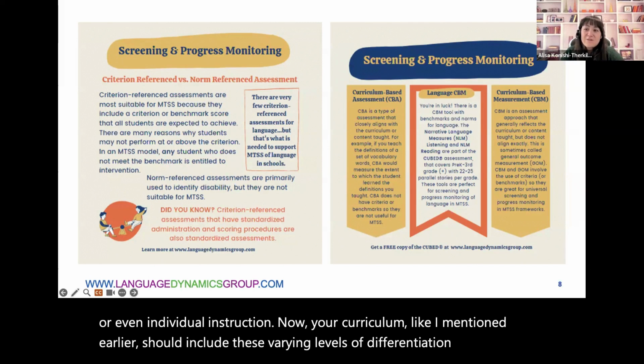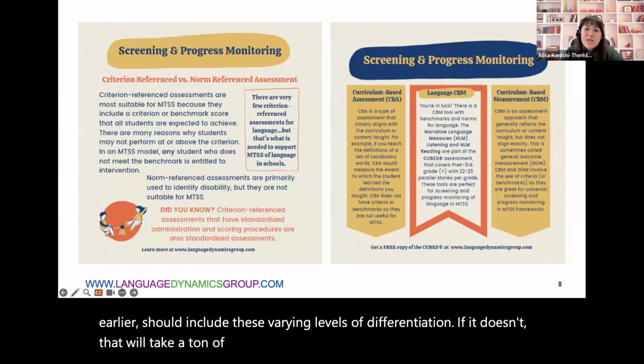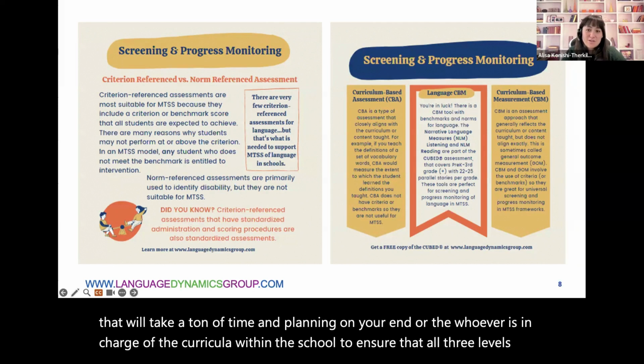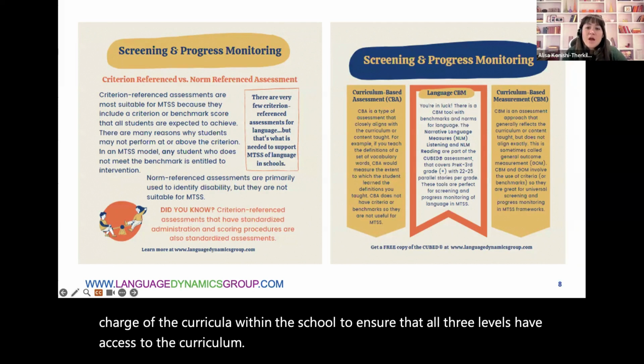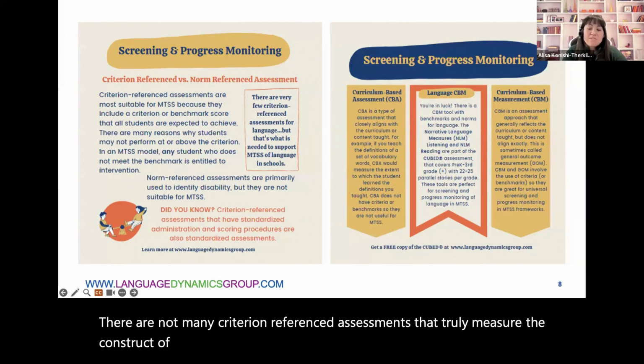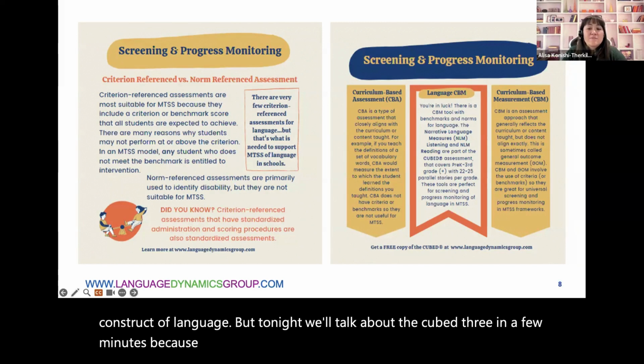If it doesn't, that will take a ton of time and planning on your end or whoever's in charge of the curricula within the school to ensure that all three levels have access to the curriculum. There are not many criterion referenced assessments that truly measure the construct of language. But tonight we'll talk about the Cubed 3 in a few minutes because this assessment fills a much needed gap.